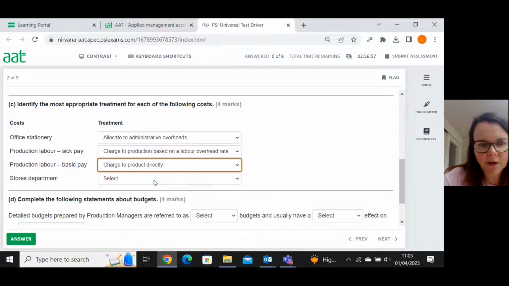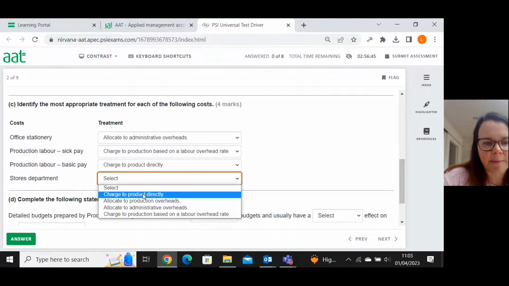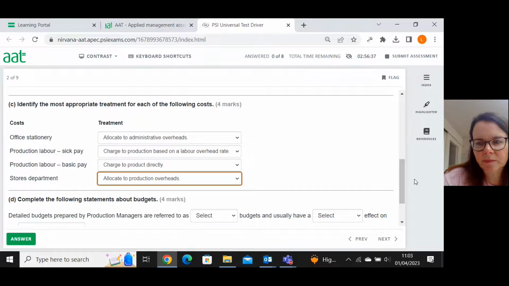It's a direct cost. And then the stores department, so the stores is where you hold your raw materials, etc. So it's linked to production. Nothing to do with the labour hours this time, so that one will be allocate to production overheads.